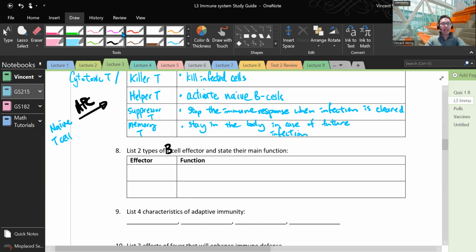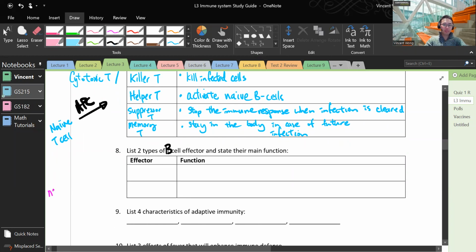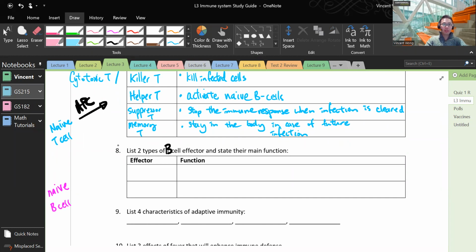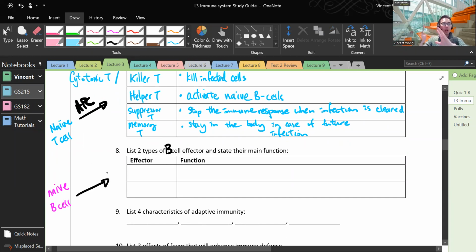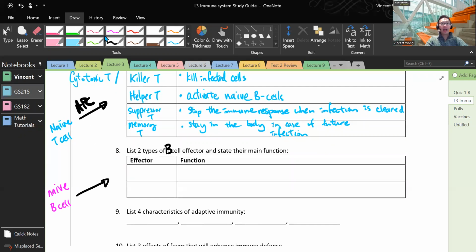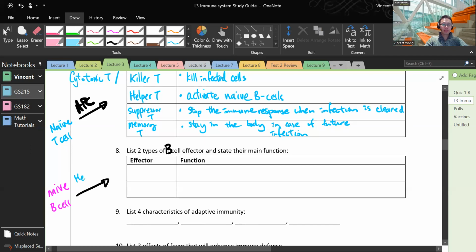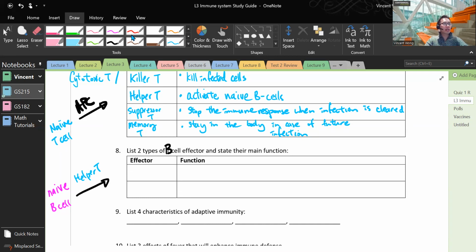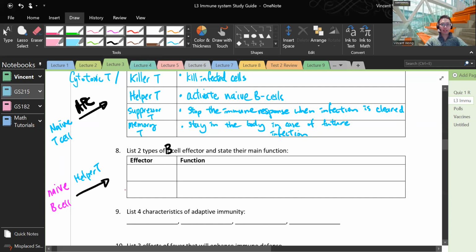So we have the naive B cell. Let's use hot pink now. Naive B cells, and we're going to activate them. They're going to go through clonal expansion just like before. But this time, instead of relying on the APC to activate them, we're going to need the helper T cell. From before, the helper T cell will activate the naive B cell, and they could turn into, as Adriana said, memory B cells. That's correct.